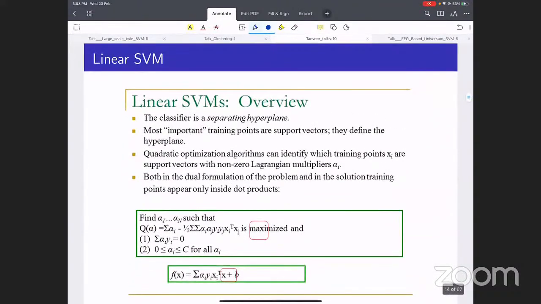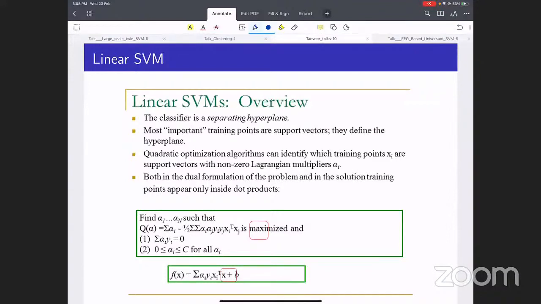Now again, I will discuss the mathematical way later. Initially my plan is just to visualize the concept of SVM.